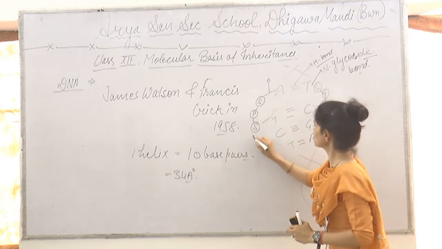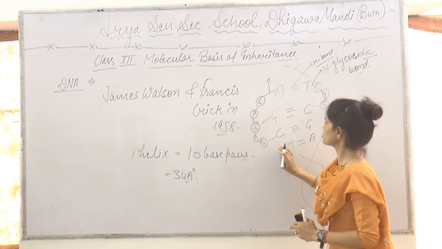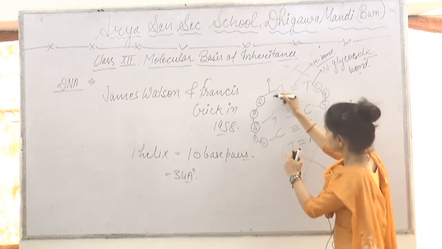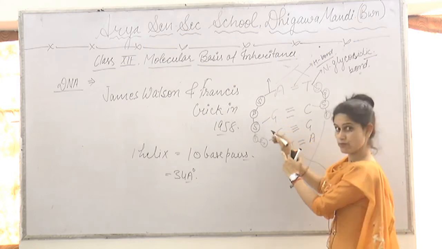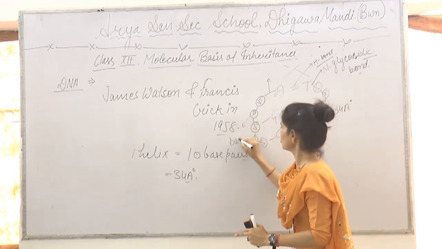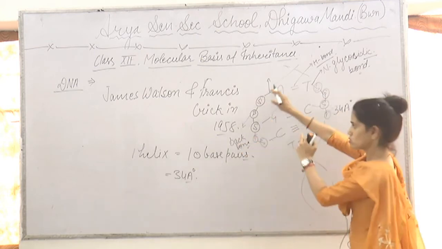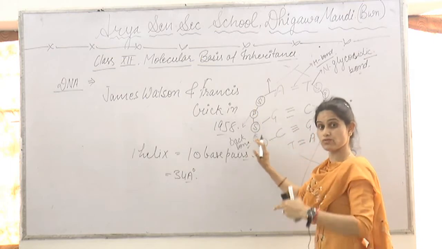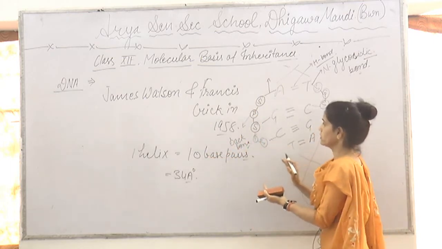This is pentose sugar and this is nitrogenous base. So this pentose sugar and phosphate group form the backbone of DNA. Which components form the backbone of DNA, then what answer will you give?